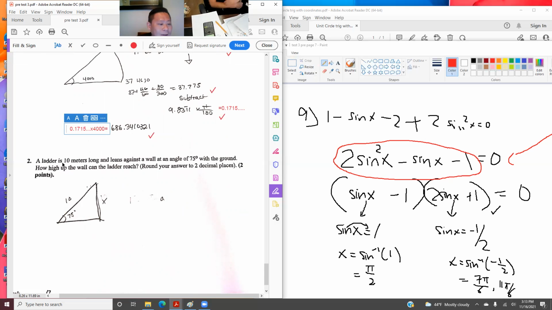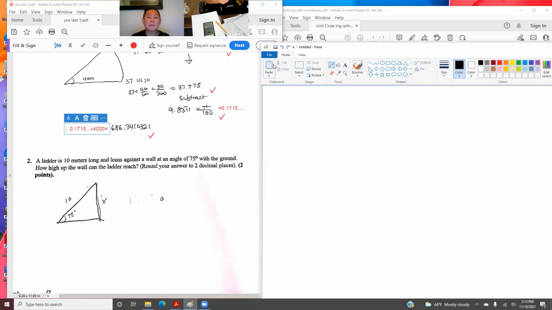This is good. A ladder is 10 meters long, leaning against the wall at 75 degrees with the ground. How high? Can you tell me which... X squared minus X squared? No. I want to find X here. Can you tell me which trigonometric function, sine, cosine, or tangent, we use? Sine.